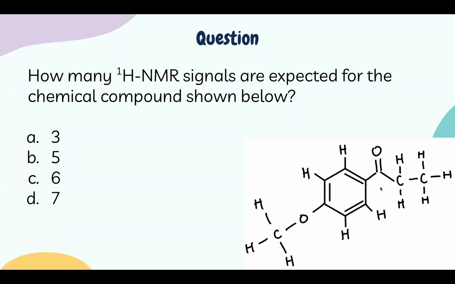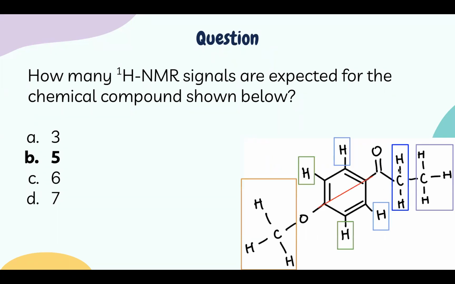Yeah, that's exactly right. I like how you mentioned the line of symmetry. So in the benzene ring, we can see an internal line of symmetry that Brian mentioned, here in red. These green hydrogens are the same as each other because they have the same neighbors, which would be this oxygen here, and these hydrogens in blue.